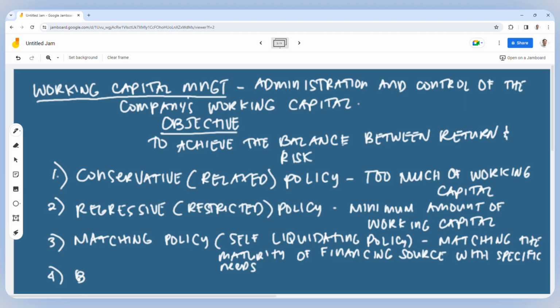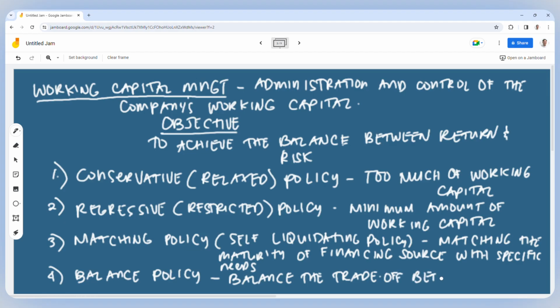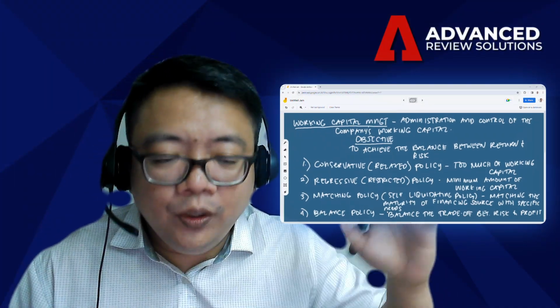And the last one, class, yung tinatawag nating balance policy. What do you mean of balance policy? From the word itself, there would be balance. The trade-off between risk and profitability, in a manner that is consistent with our risk.